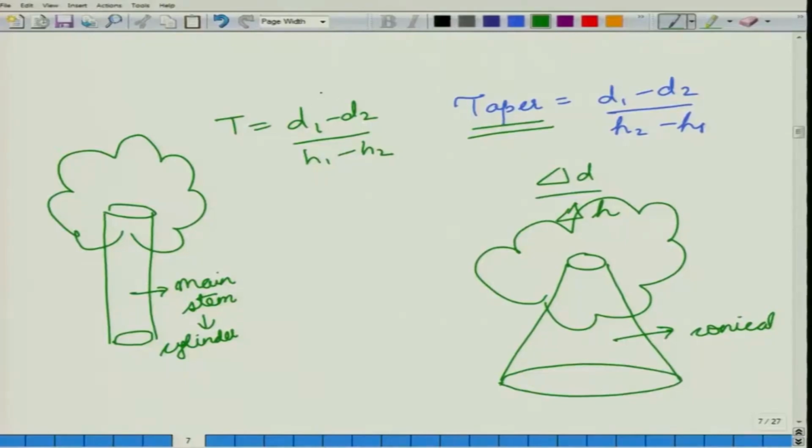However, we also note that if we expressed d in meters and h in meters, then the unit of taper would be meter upon meter, so it will become a dimensionless quantity. So, taper is a dimensionless quantity.